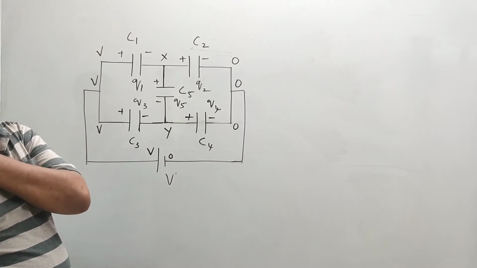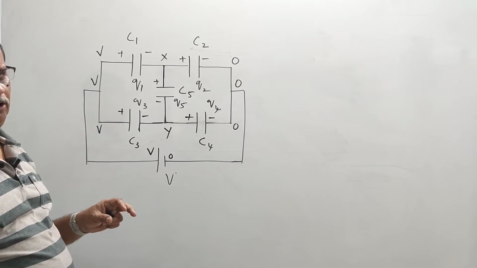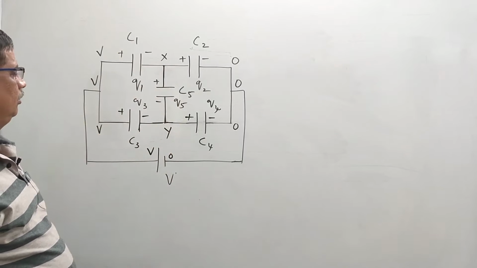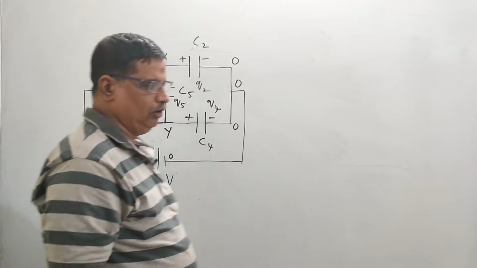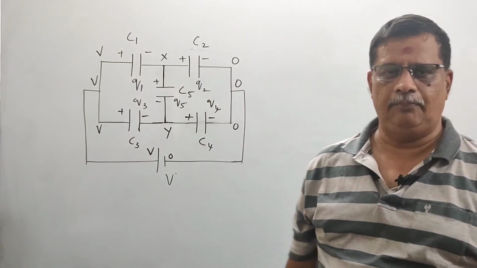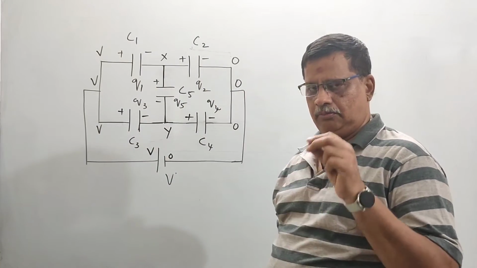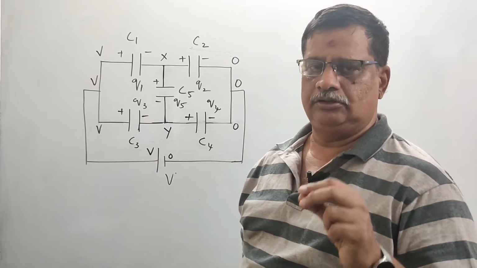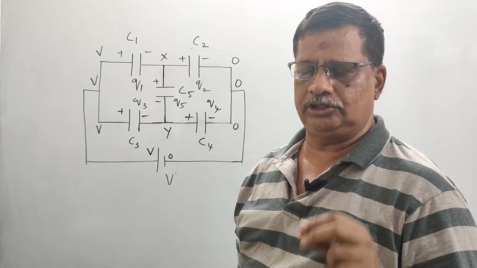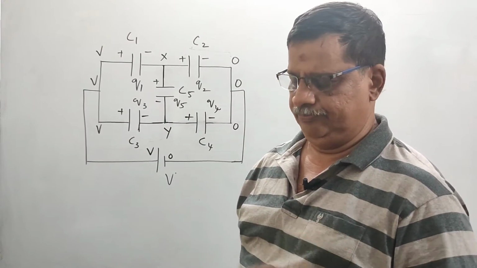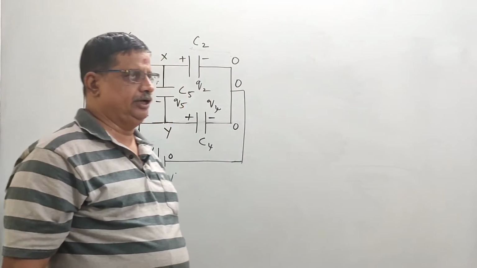So we have marked the polarities of each plate and also the charges on the 5 capacitors Q1, Q2, Q3, Q4 and Q5. I told you how the polarities of the plates can be determined. Remember only one thing, the plates to which charges enter are positive and the plates from which the charges leave are negative.